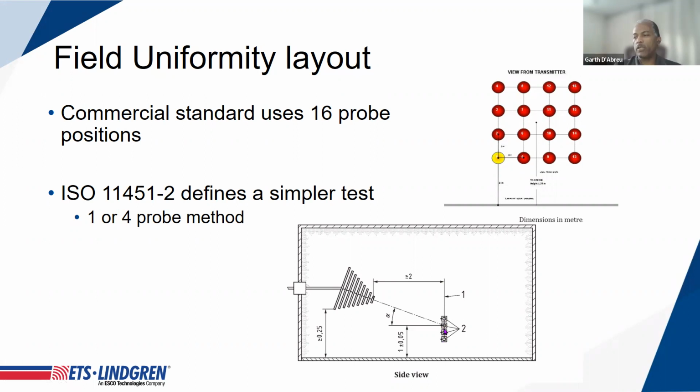And then there's another method where you look at the probes side by side, or 3 probes side by side, again, to make sure that you meet the uniformity requirements. So there is guidance within the ISO documents, the 451 document for full vehicle testing, on how to characterize the uniformity of the field in the area where the component or vehicle under test will be positioned.